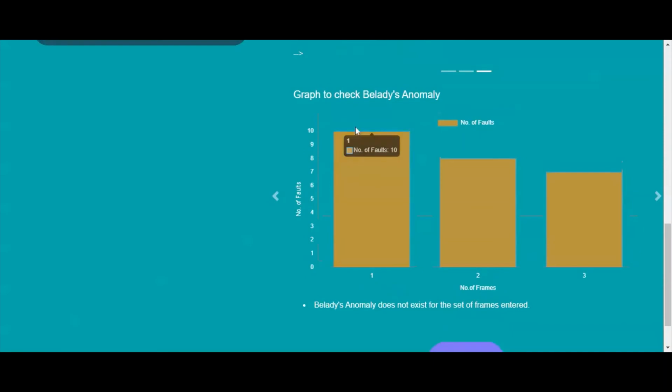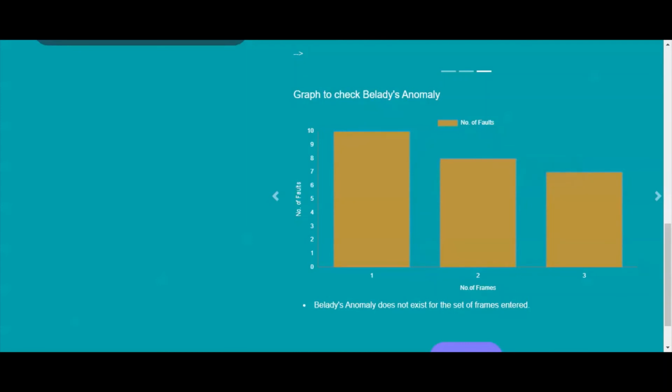Okay, now this graph is to check Belady's anomaly, which is that generally, as you can see here, as the number of frames increases, the number of faults decreases because the pages get a place.